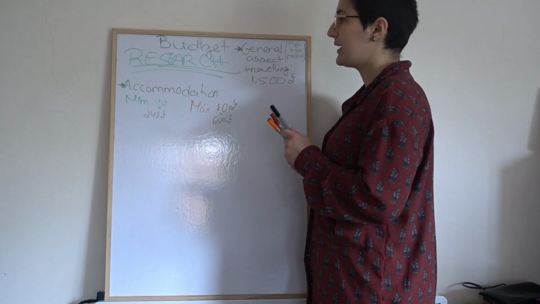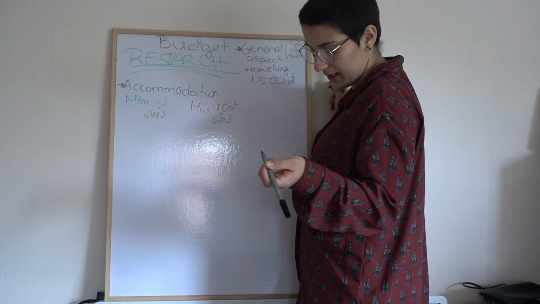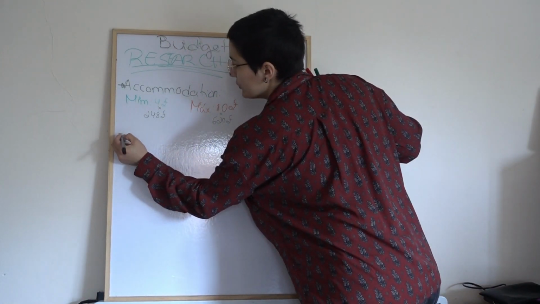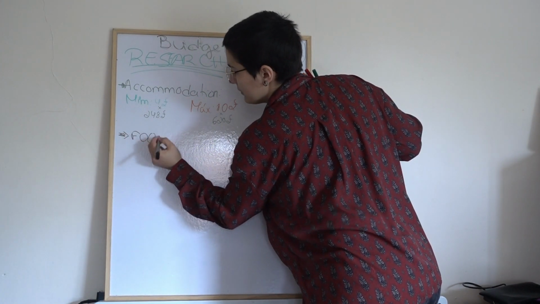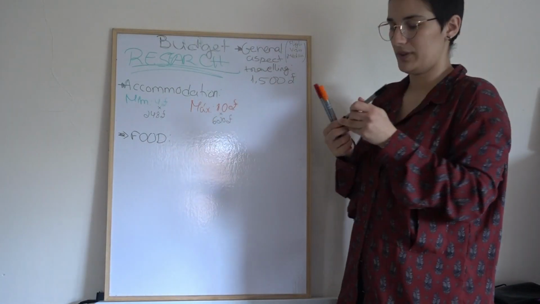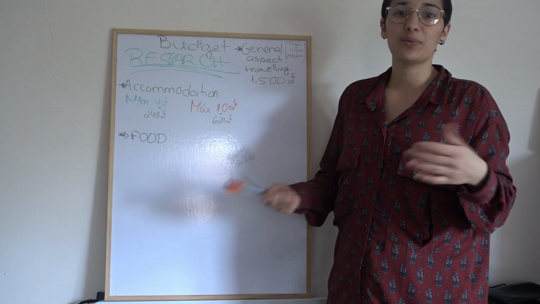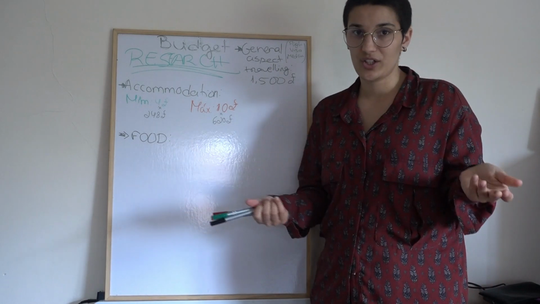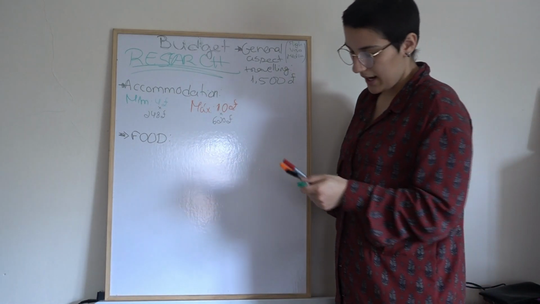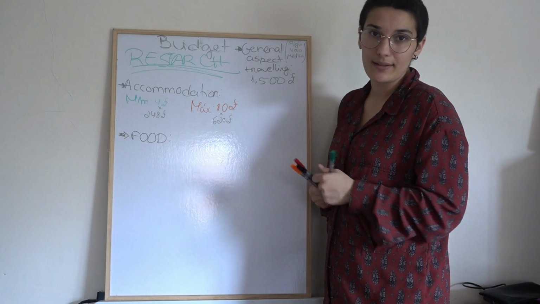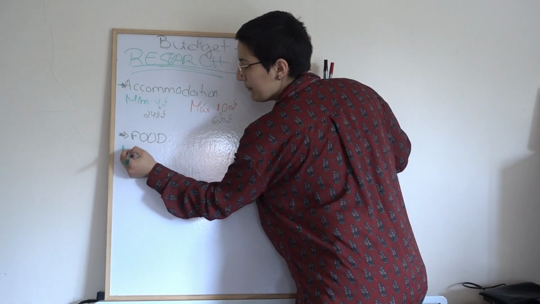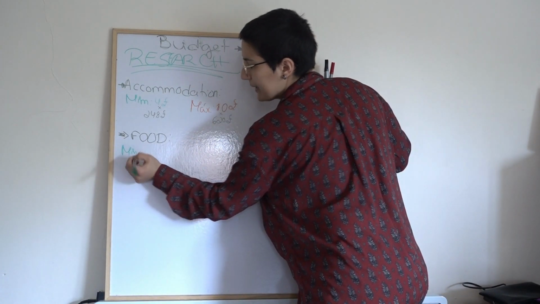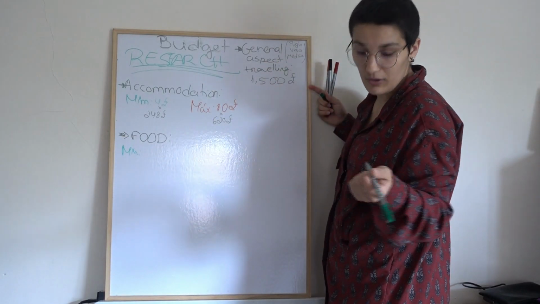The second thing that you spend most money on is food. So then I research, I normally go to blogs. You can easily find this information on the internet. And I apply again the same method. The minimum I would spend per day, okay?